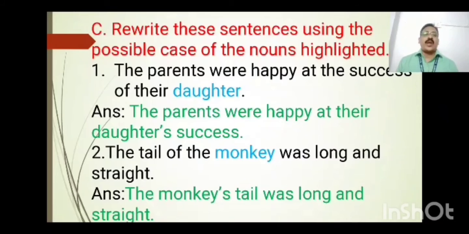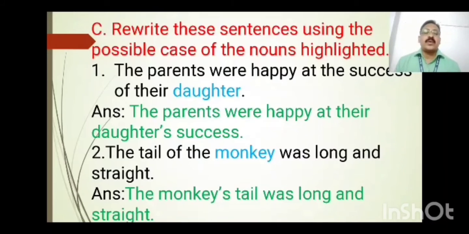The parents were happy at the success of their daughter. Highlighted noun is daughter. The parents were happy at their daughter's success. So using this daughter in the possessive form, we can write like this in this sentence.